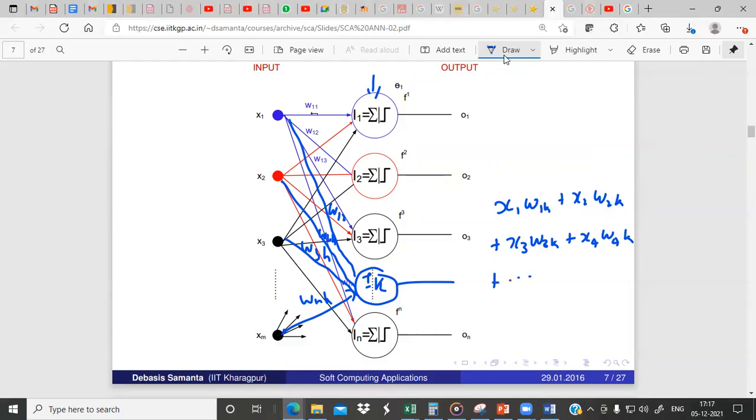It goes on up to XM into WMK, right? So this is what the output will be. To that we can also add the threshold or the bias.